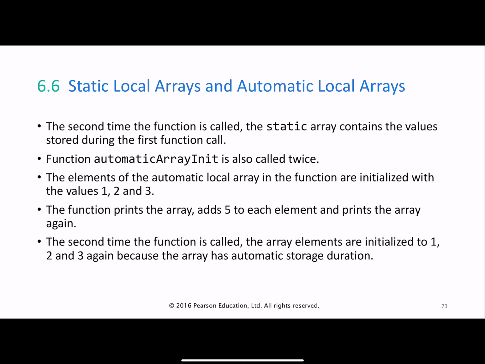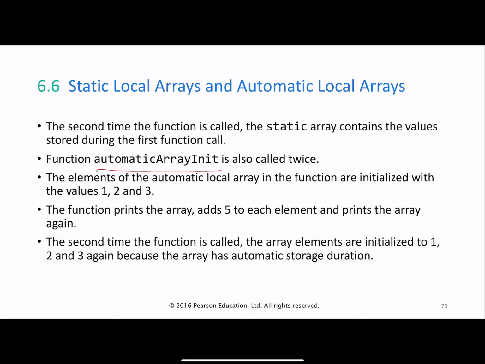We're also not going to initialize the static array. We are going to demonstrate how declaring a static array automatically initializes its elements to 0 without any explicit initialization. The automatic array in the automatic array init function will be a local array and will have to be initialized before use.